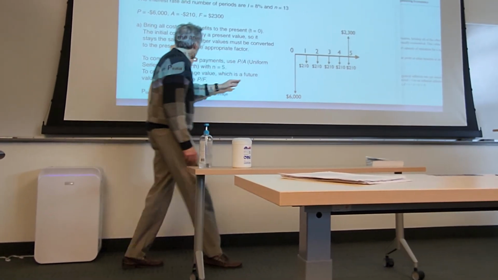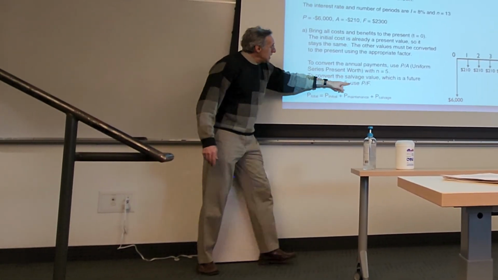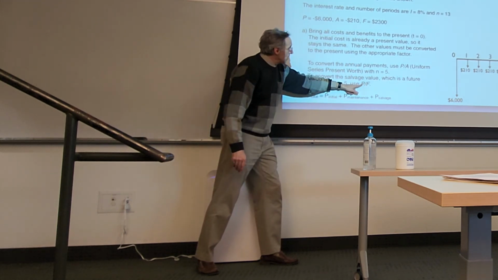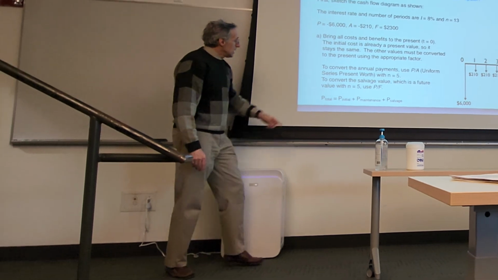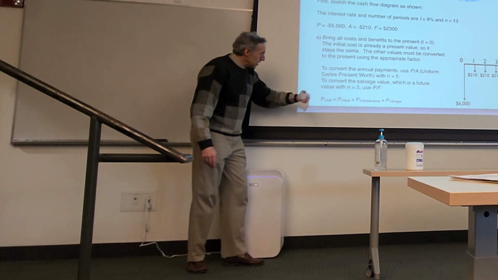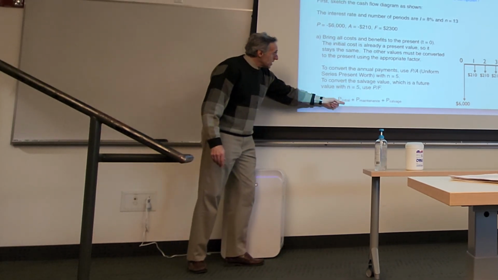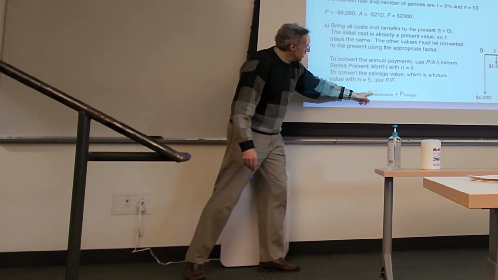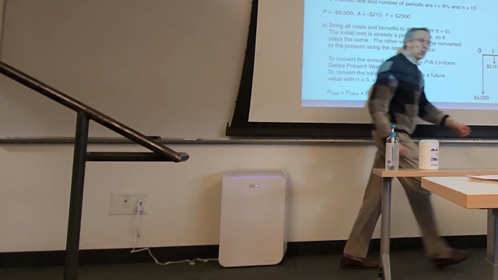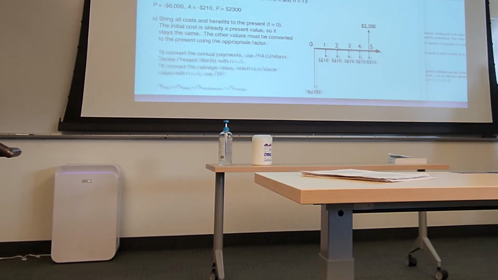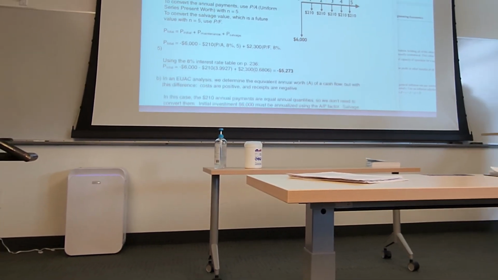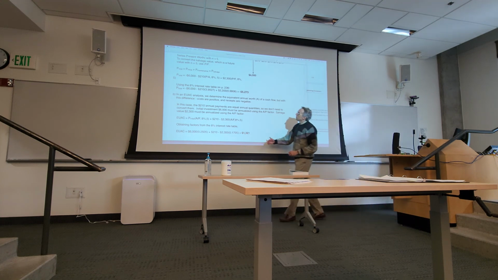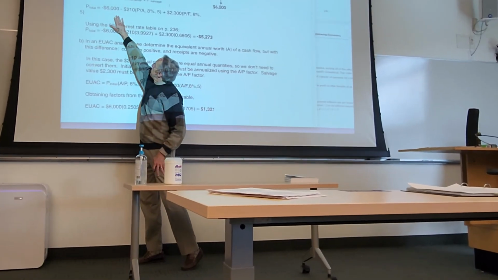So we want to use a factor of P given F. We want to bring the future $2,300 to a present number. And then our total present, in today's dollars, is that initial $6,000 plus the present value of the maintenance plus the present value of the salvage. And what we do is look up the factors. This is how we set it up.